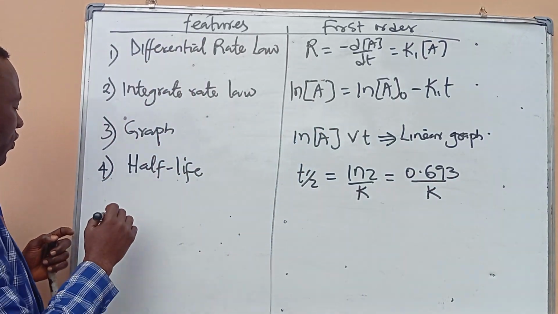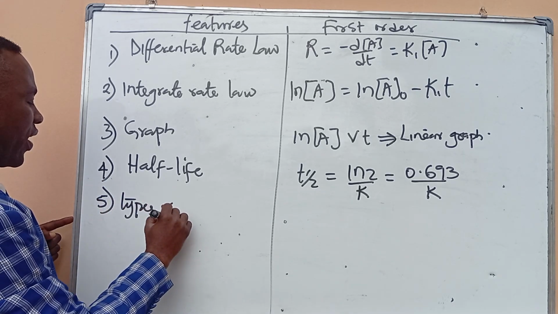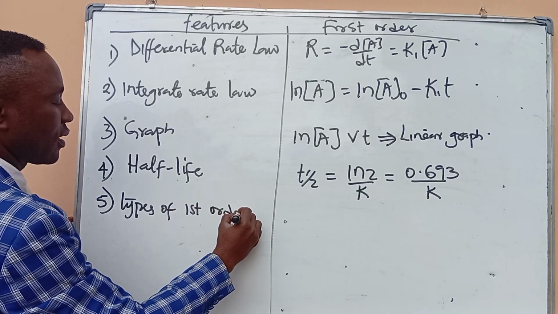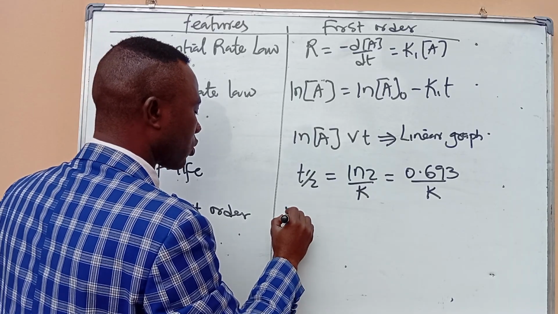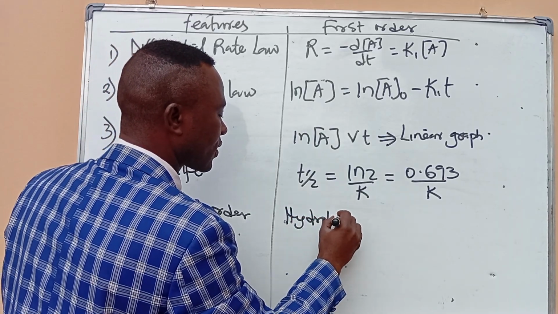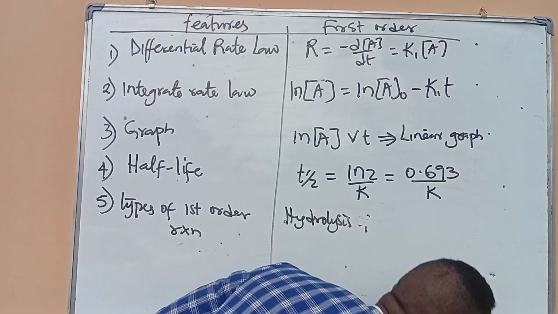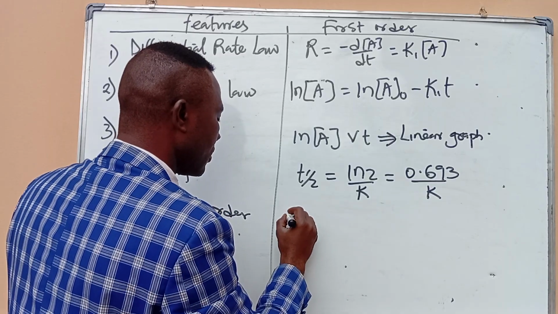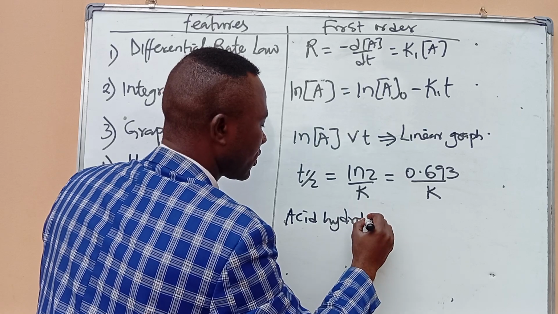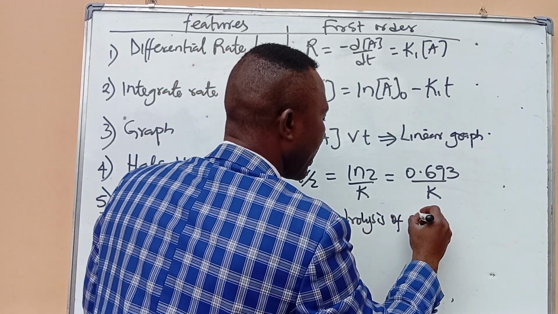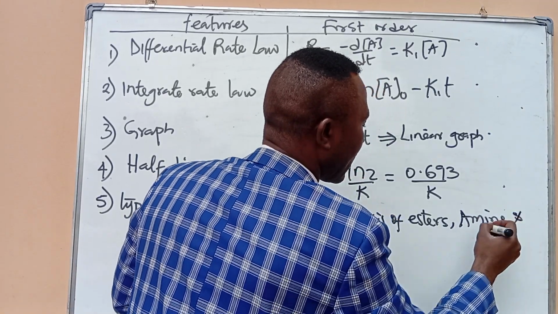Then we take the types of first order reaction. Number 1, we have acid hydrolysis of esters, amines and the carbohydrates.